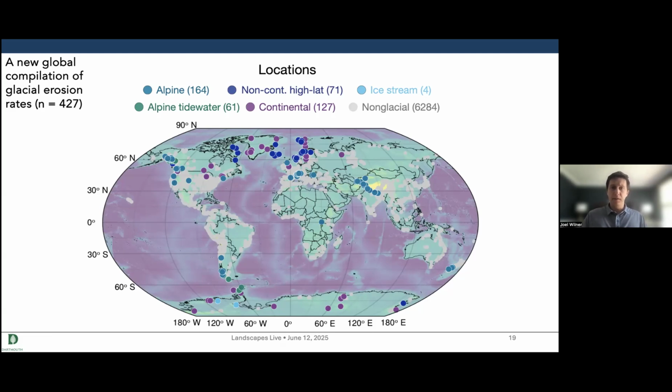And we contrast these glacial settings and glacial erosion rates with previously published compilations of non-glacial, mostly fluvial erosion rates, many from the Octopus compilation. And these are denoted in gray.